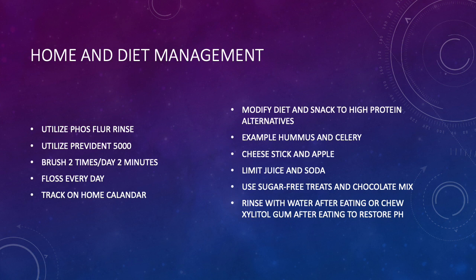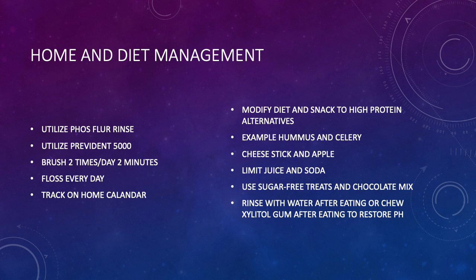Okay, so again, I want to modify his home care to get him to brush 2 times a day for 2 minutes, to floss every day, to track this on a home calendar, and I want to up the amount of fluoride that's ambient in the mouth through Phosphor and Prevident. I want to modify the snacks to high protein alternatives. Some of those might be, instead of the Teddy Grahams and apple, I might opt for a cheese stick and apple.